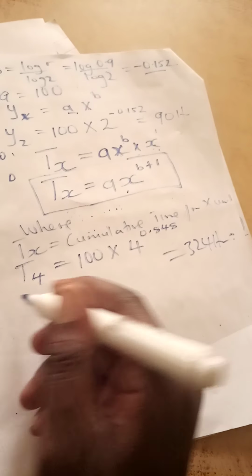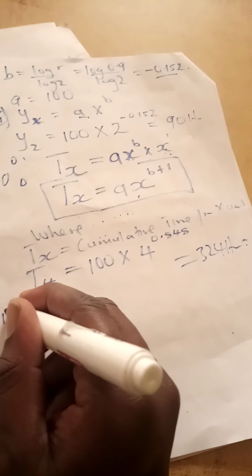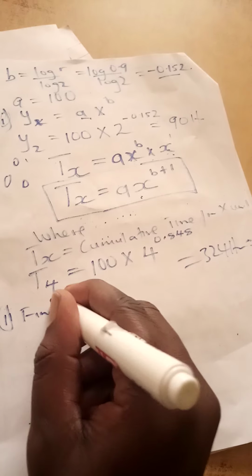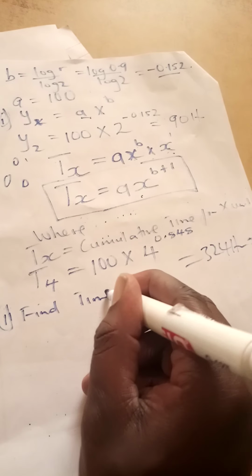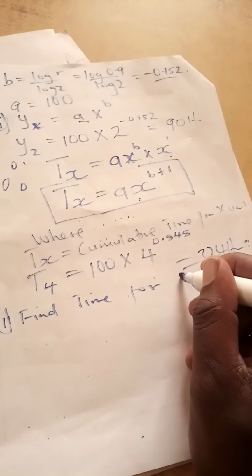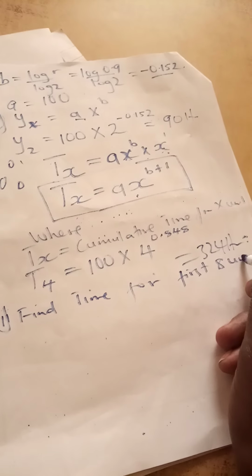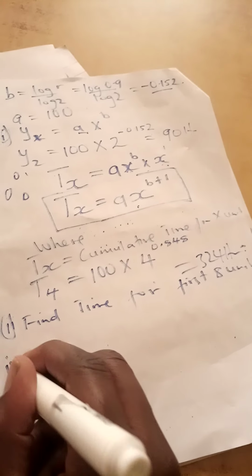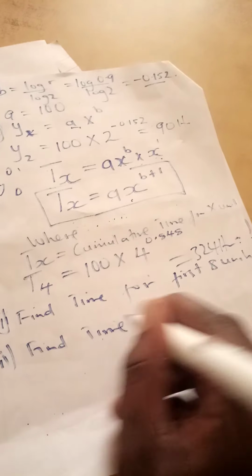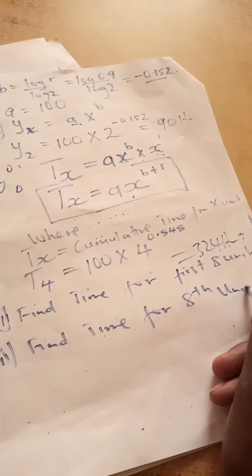Questions can arise. Somebody could ask you other things, like find the time for the first 8 units. That is a question you might get. Somebody might ask you, find the time for the 8th unit.